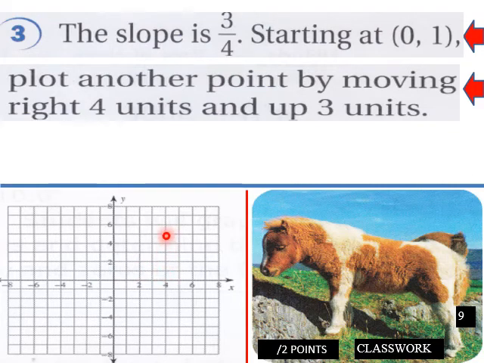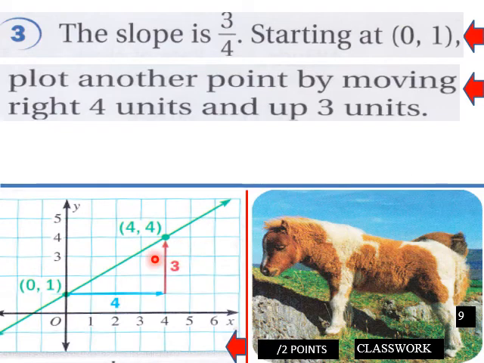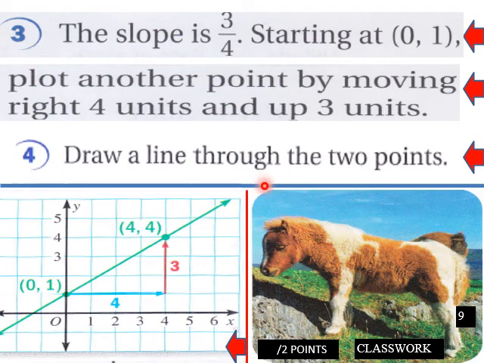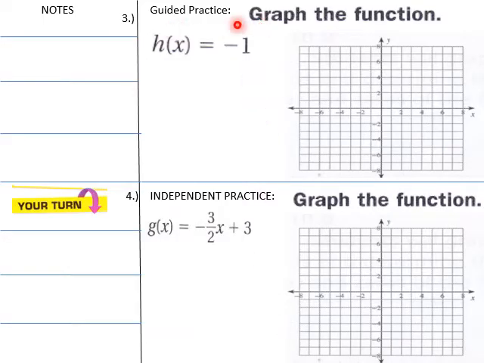This is what your graph will look like. Here's (0, 1), here's your rise, here's your run. Your run's 4, so you move right 4, then up 3, and plot that point. Then draw a line through the 2 points. There it is.